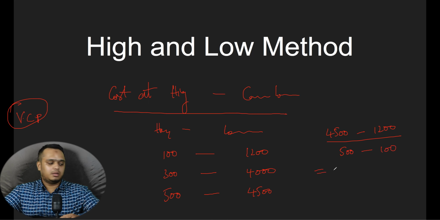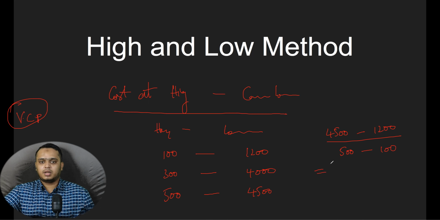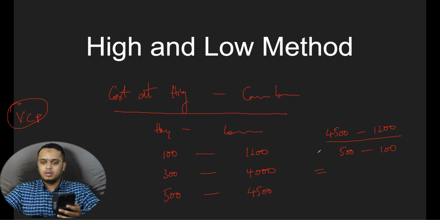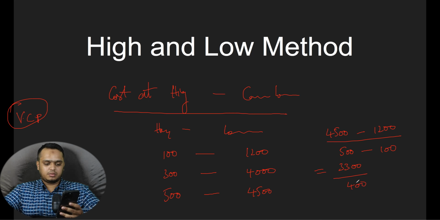I hope that if you're having a calculator, fine; if not, then I have my own calculator. Let me just put it because I've just made it up. So 4,500 minus 1,200 is equal to 3,300, divided by 400. So 3,300 divided by 400 is equal to 8.25.